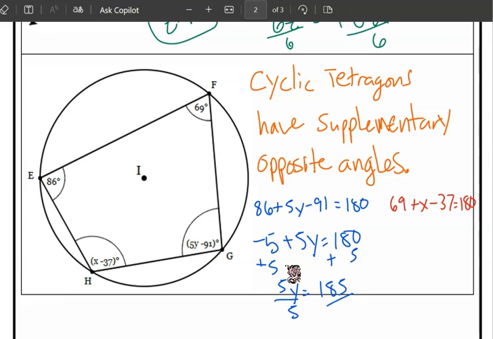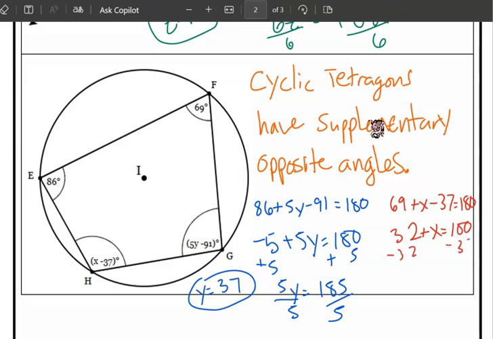Divide by 5. Y equals 37. And let's solve for the other one. Subtract 32 from each side. X equals 148.